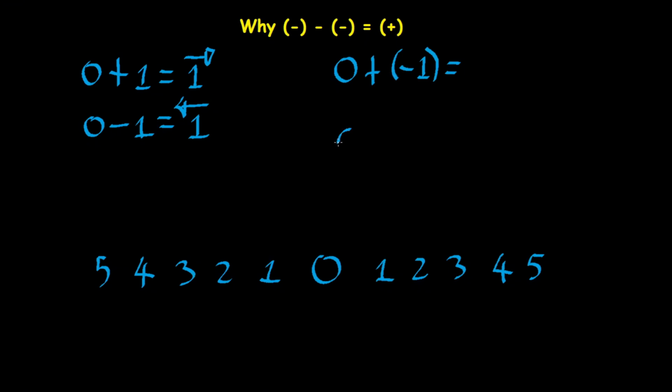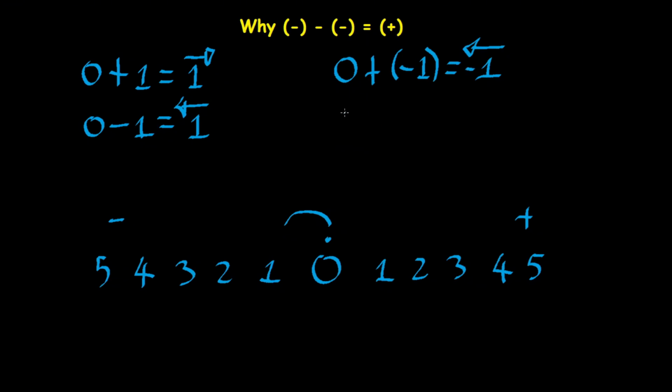If I have nothing and I'm going to add a debt to someone, we are starting from number 0 and we are moving to the negative numbers 1 step, and as a result we are getting 1 unit, but in this case we move to the left, which is going to give us a negative number.